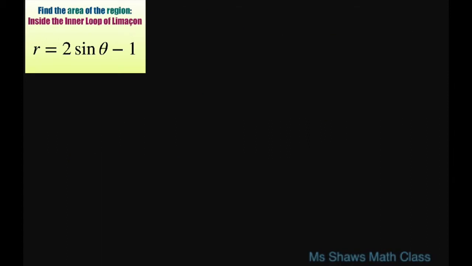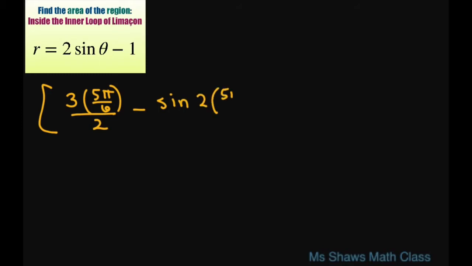When you substitute everything in, I'm going to start down here: 3 times 5 pi divided by 6, divided by 2, minus sine of 2 times 5 pi divided by 6, divided by 2, plus 2 cosine of 5 pi divided by 6.